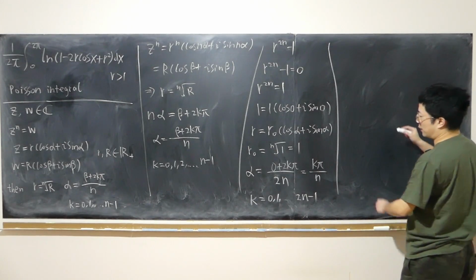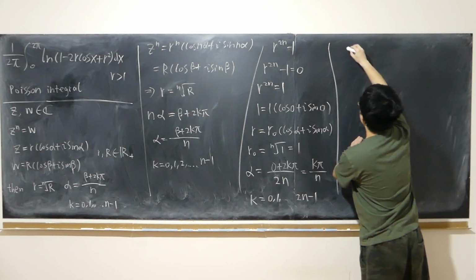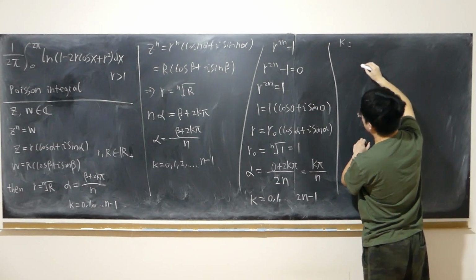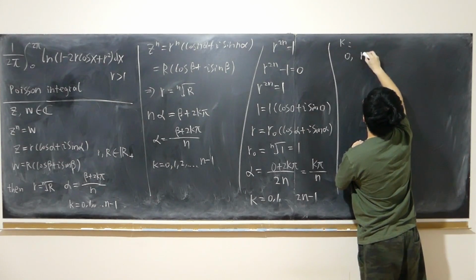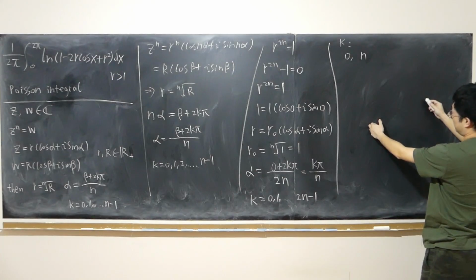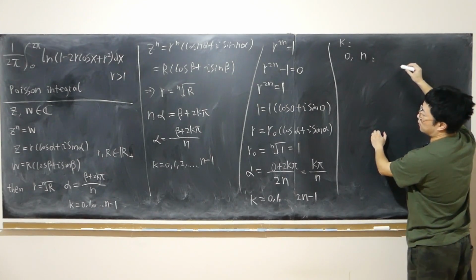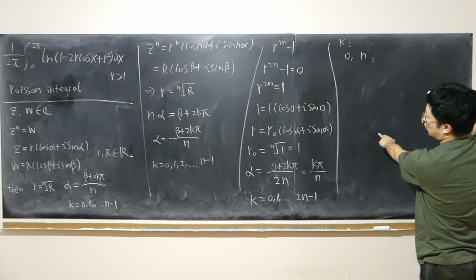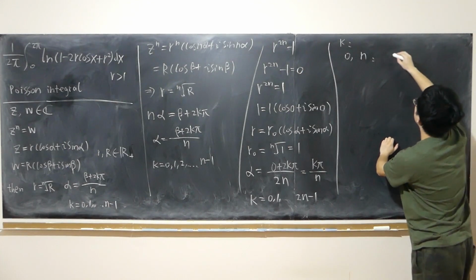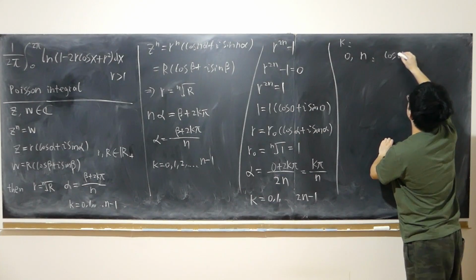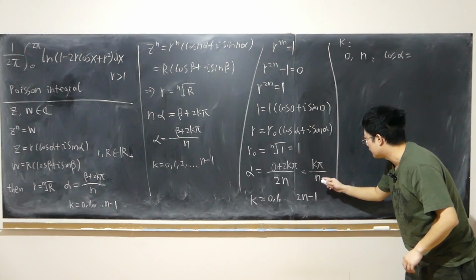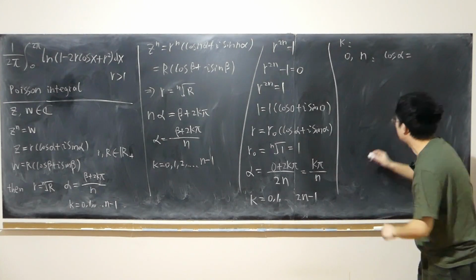First of all, I want to look at when k is equal to 0 and n. If that's the case, then what is cosine alpha? Cosine alpha should be equal to cosine 0 and cosine pi.